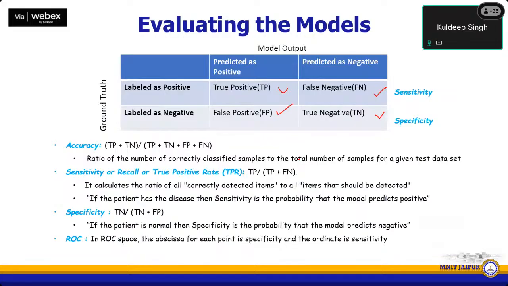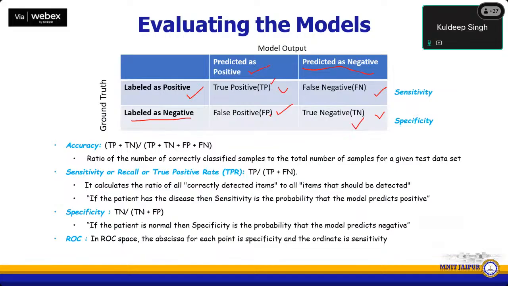True positive is that your model has predicted that particular example as positive, and it is also labeled as positive in the data set. So this should be high. Then we have true negatives. That means the model has also predicted it as negative, and it is also labeled as negative.